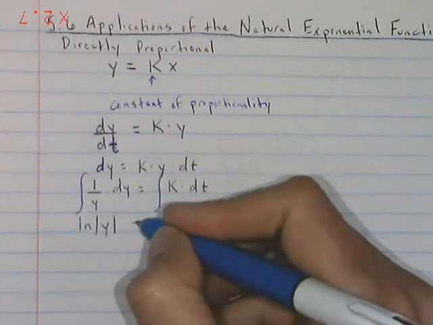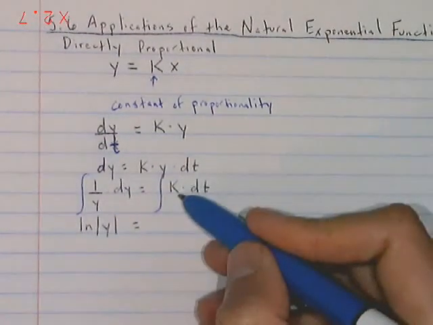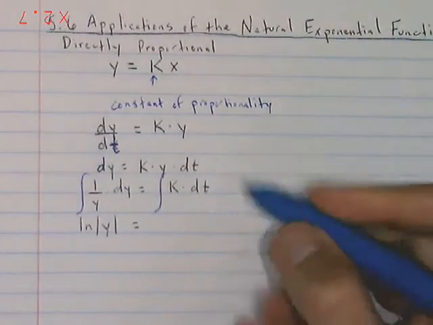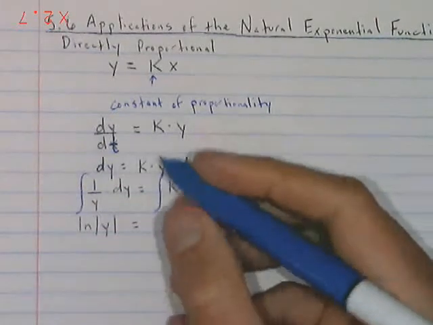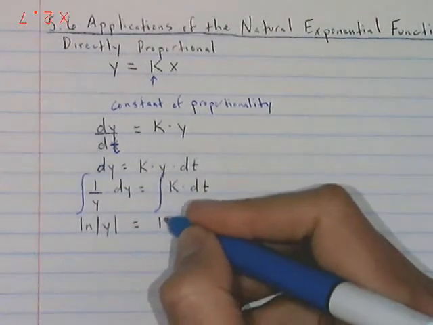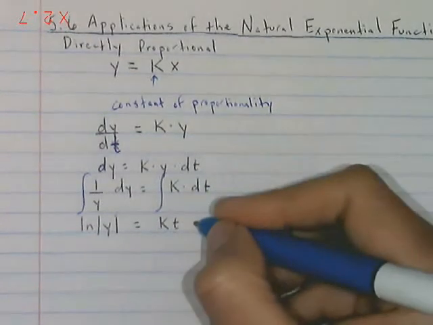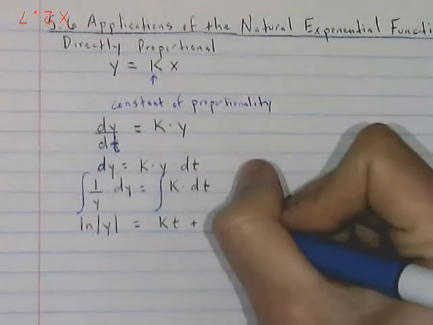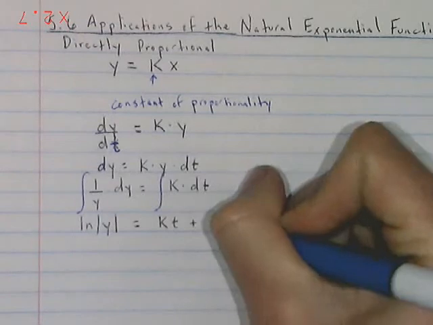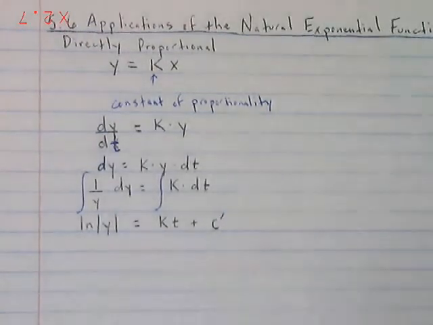Over here, k is just some constant, not related to t, and so this turns into k times t plus, call it c prime.